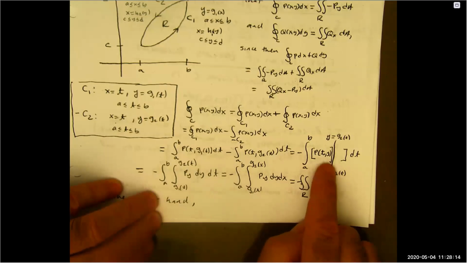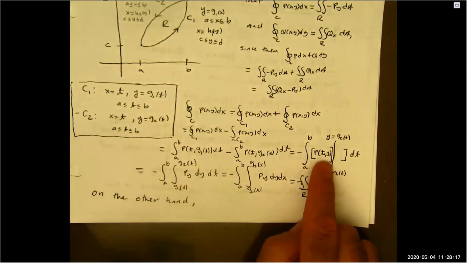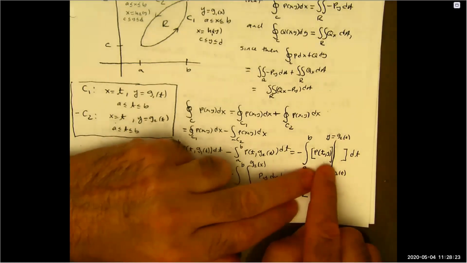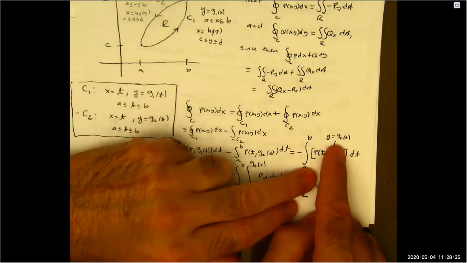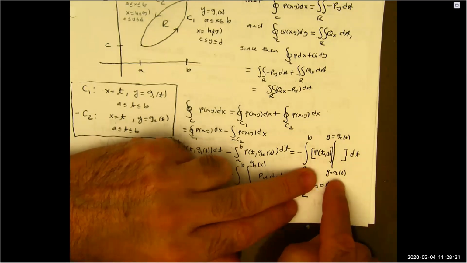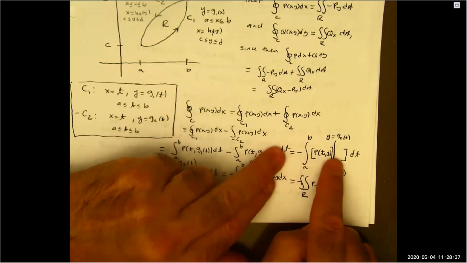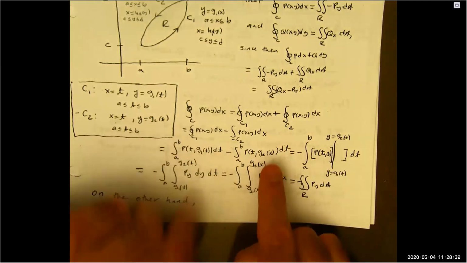Then we put P in that form before we evaluated the different limits of integration. So we put y equal to g2 of t in the top, and subtract putting y equal to g1 of t at the bottom. And when we subtract that and distribute the minus, we'd be right back to here.